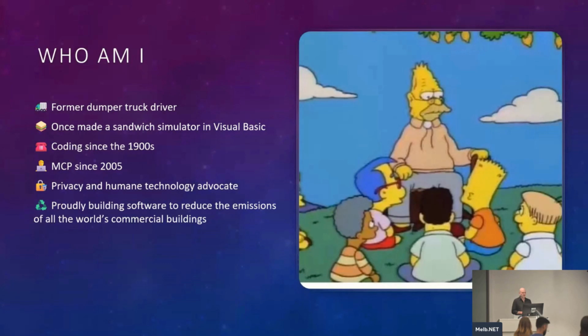In my job, I work for a company called Setmetrics, and we create building energy modeling software. The aim is to reduce the carbon emissions and the costs of every commercial building on the planet, and we have the technology to do that. It runs on Azure, and it uses Kubernetes, a web app, and functions and a few other things.